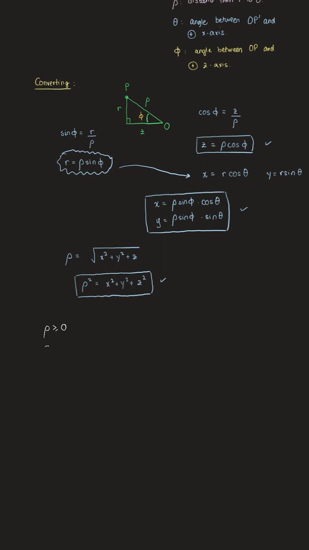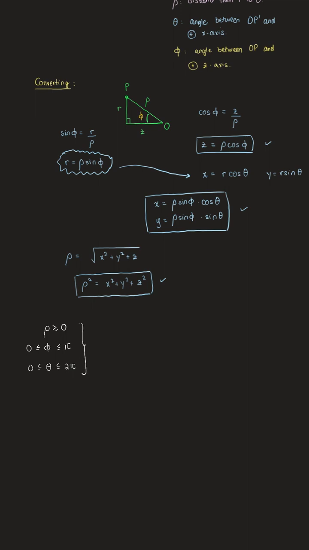We will also say that phi will be between 0 and pi. So think about this, right? Phi is the angle from the positive z-axis. If we go all the way down to pi, we're going to be on the negative z-axis. And we can go in either direction, but that's going to sweep all of the angles from positive z to negative z. And theta will be between 0 and 2 pi. So important ranges for our three coordinates.